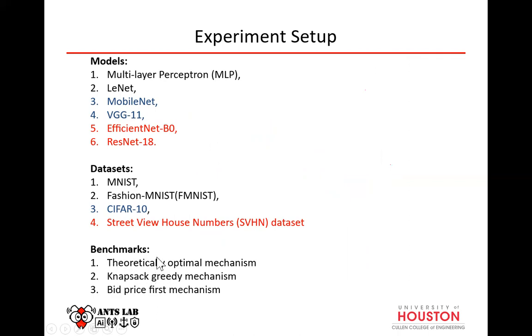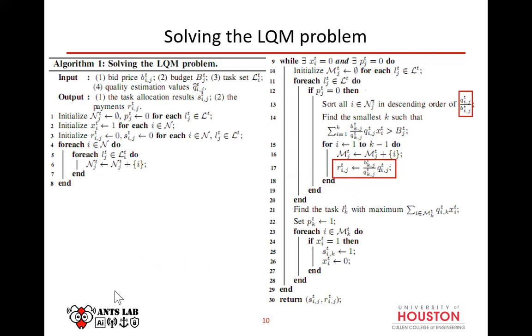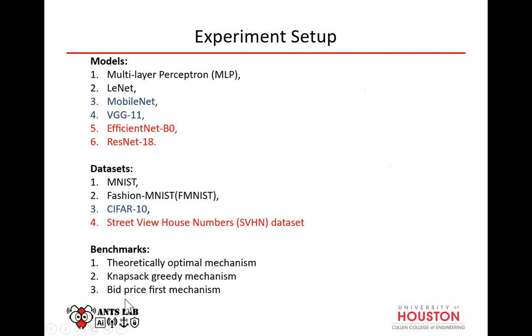Yes, the first incentive mechanism only finds the optimal nodes for this problem, but they don't consider the constraints of truthfulness and individual rationality. And the third incentive mechanism is the bid price first mechanism. It selects nodes with the lowest bid price without guaranteeing the truthfulness of nodes.